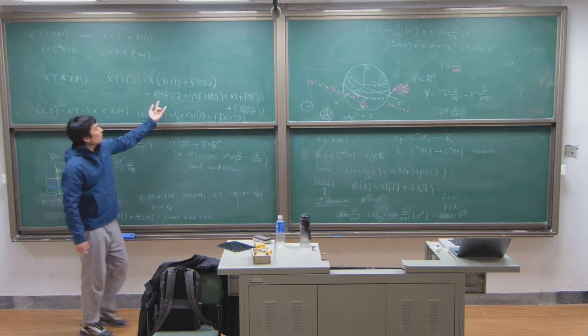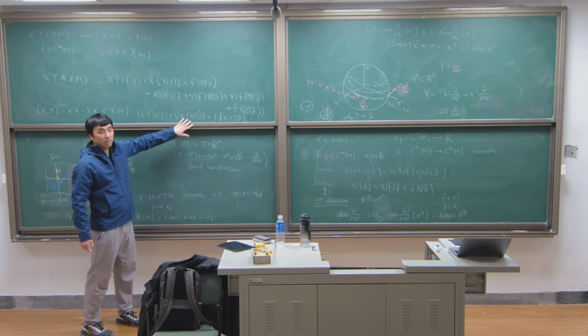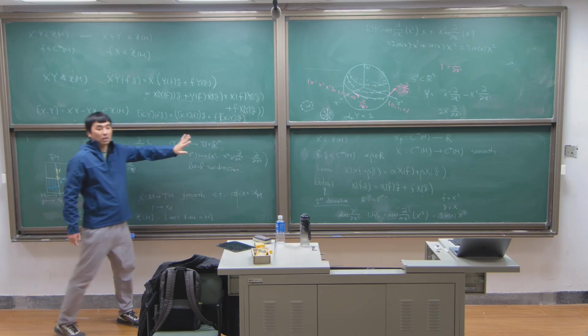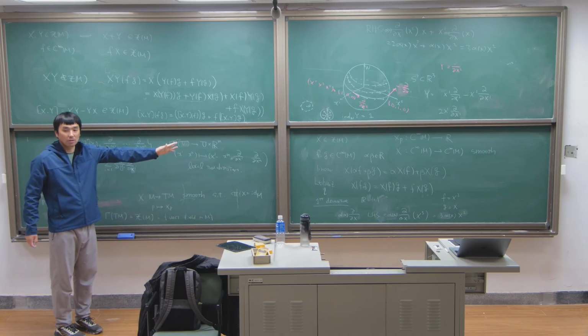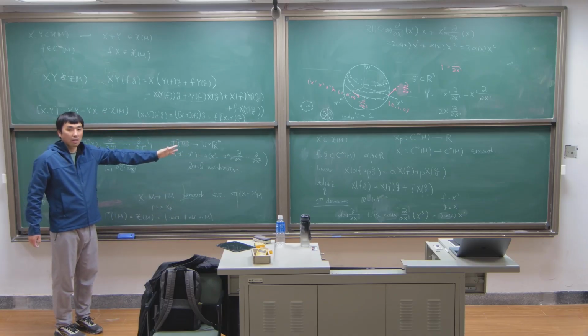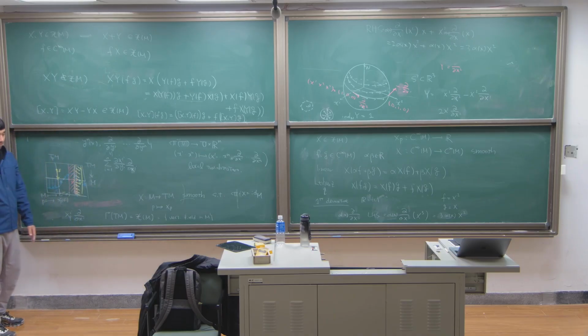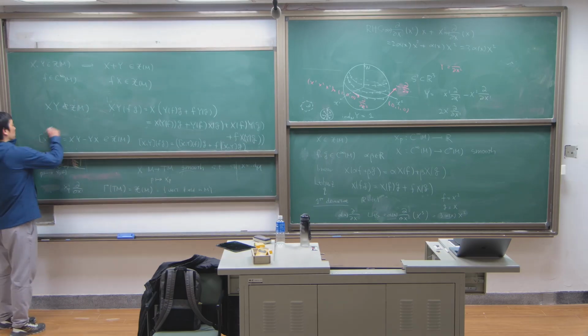Because you just swap and take a negative sign, then you get this one. And from here, they satisfy the Leibniz rule. Okay. Therefore, this is a vector field. And this is called the Lie bracket.